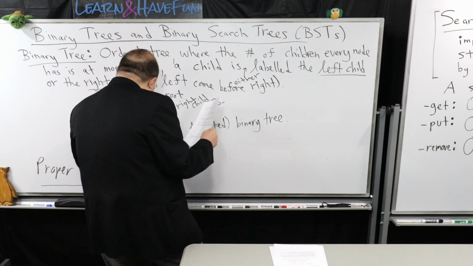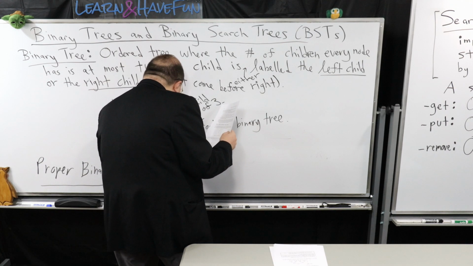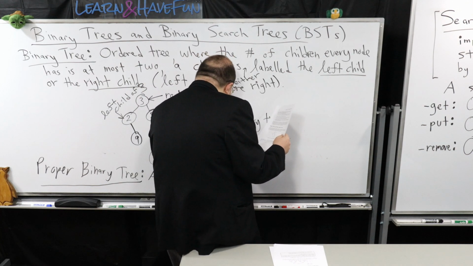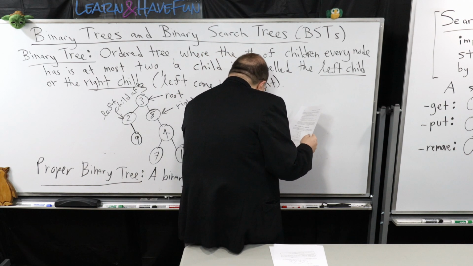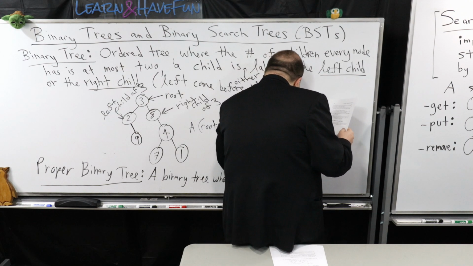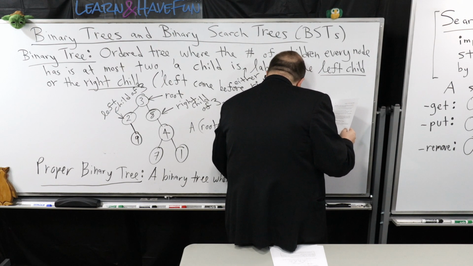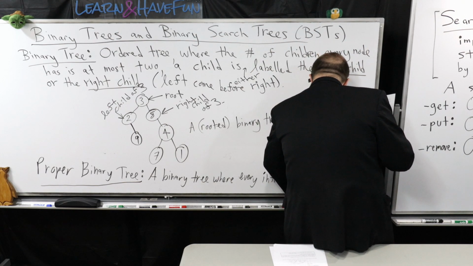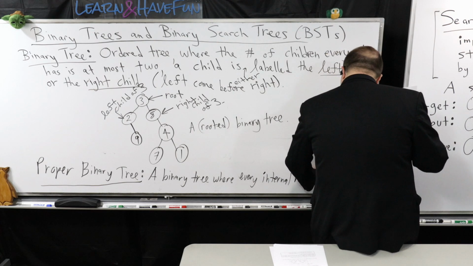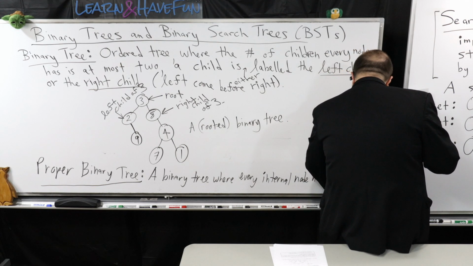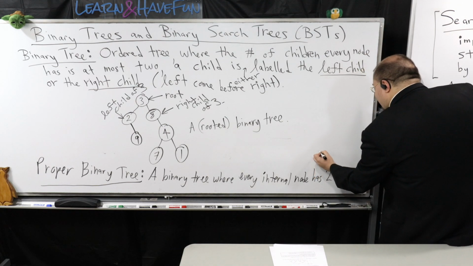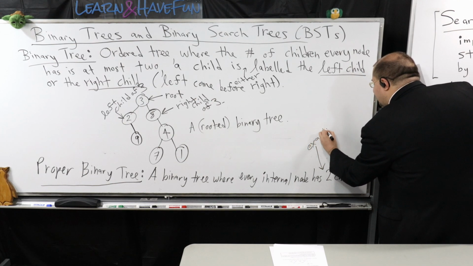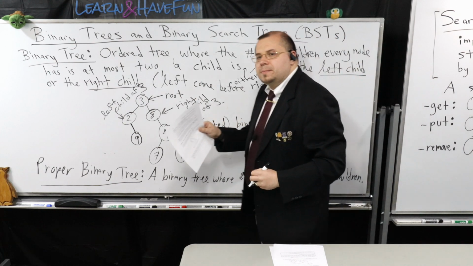This is a binary tree where every internal node, remember, those are not the leaf ones, these have at least one child, has exactly 2 children. So it's not at most, it's exactly 2 children.